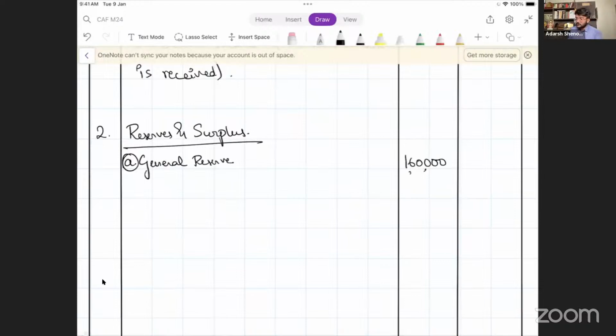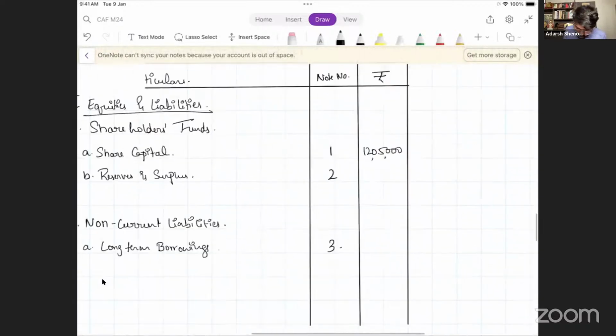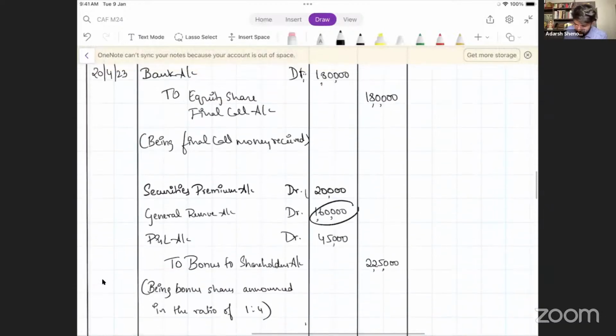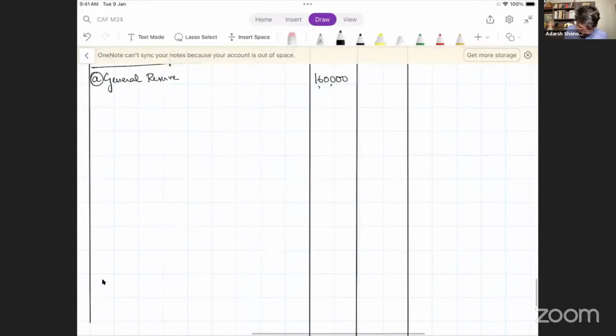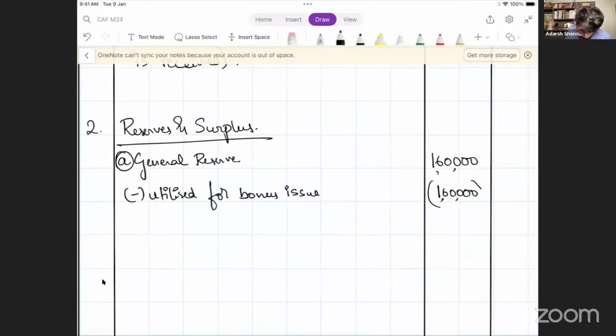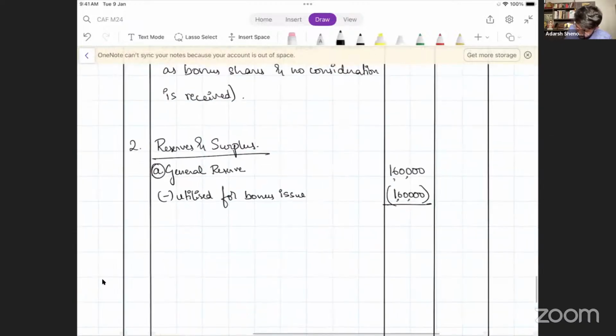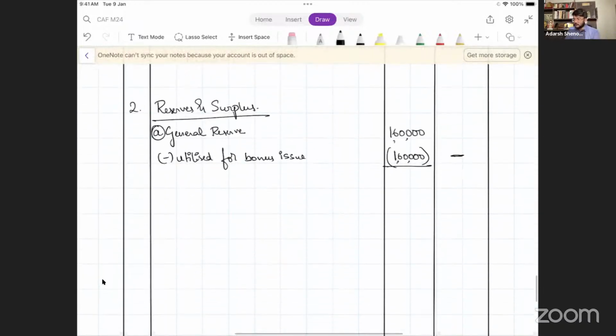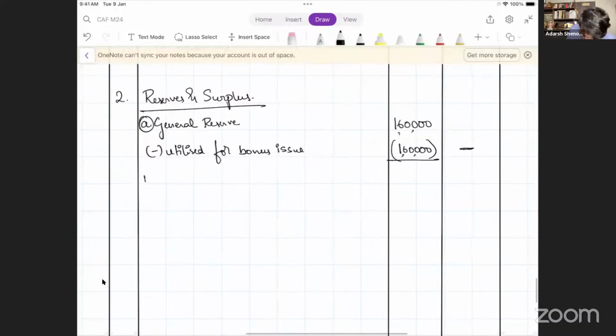There's a credit balance of 1,60,000. I have utilized all of 1,60,000 from general reserve. So we'll minus all of that. Utilized for bonus issue. In the inner column we write the amount, and there was adjustment in that amount. So general reserve is nil, zero.